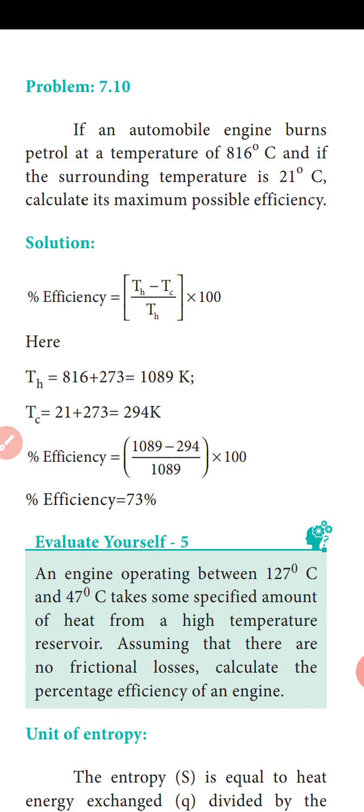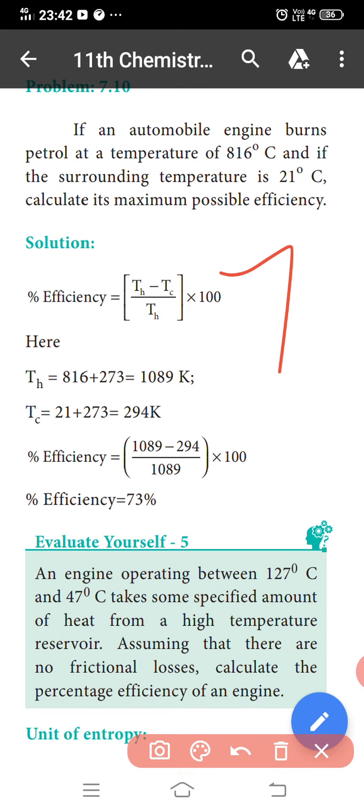Apply this formula: the percentage efficiency is equal to (TH minus TC) by TH into 100. Here TH is 816 plus 273, where 273 is the 0 degree Celsius value in Kelvin, so we get 1089 Kelvin. So 1089 Kelvin is the Kelvin value of 816 degrees Celsius. The 21 degrees Celsius Kelvin value is 294 Kelvin.